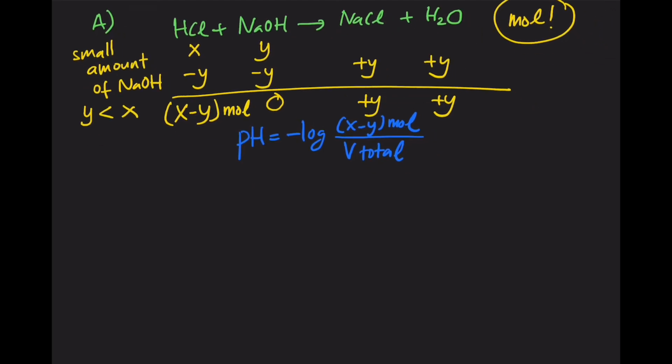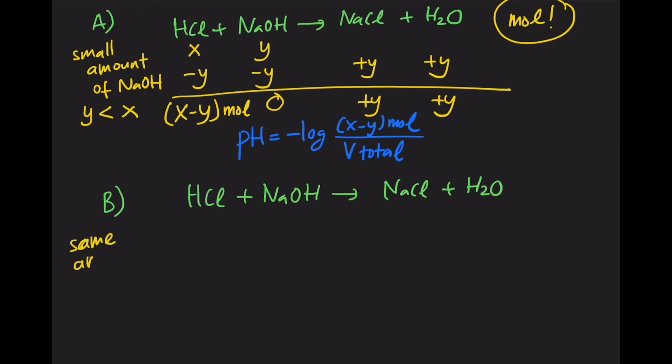Now, next we have the B point, and this is the equivalent point. So again, the reaction is obviously going to stay the same. HCl plus NaOH gives NaCl plus H2O. So here we have the same amount of acid and the base. This is what the equivalent point means.